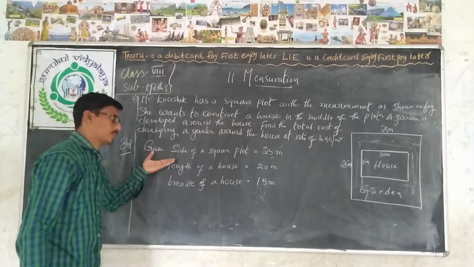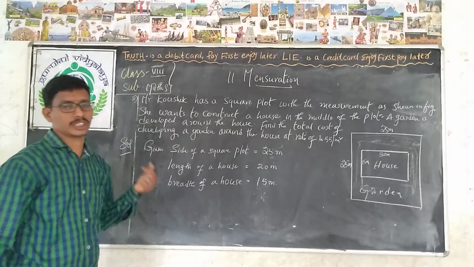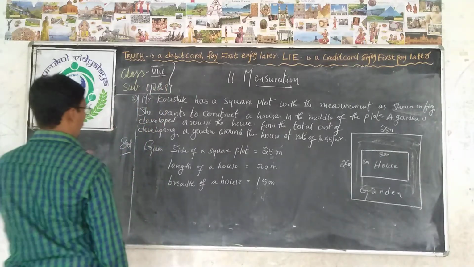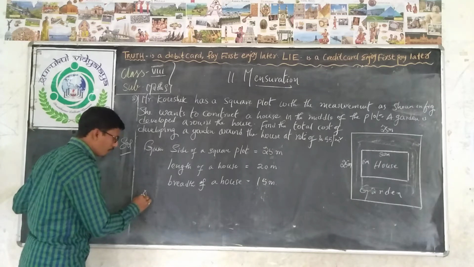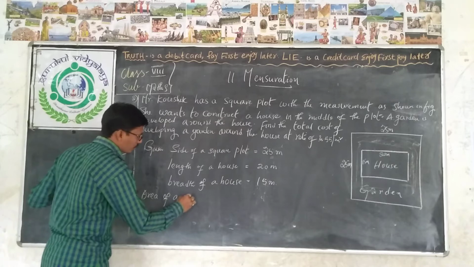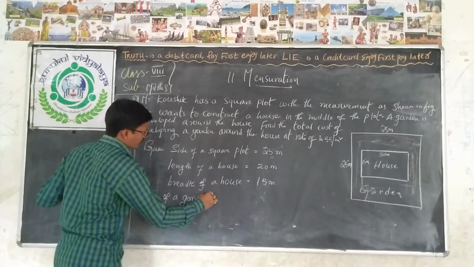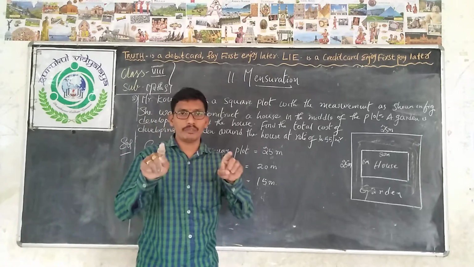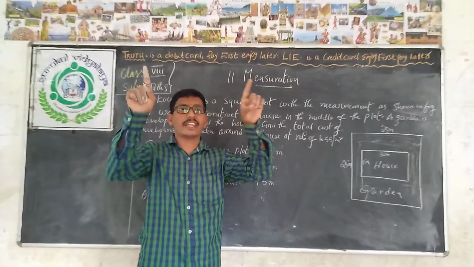So the side of the square plot is given, and the length and breadth of the house are given. Now we have to find the area of the garden. How do we get the area of the garden? You have to remove the area of the house from the total area of the square plot.